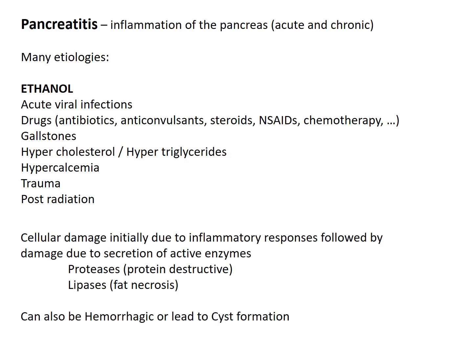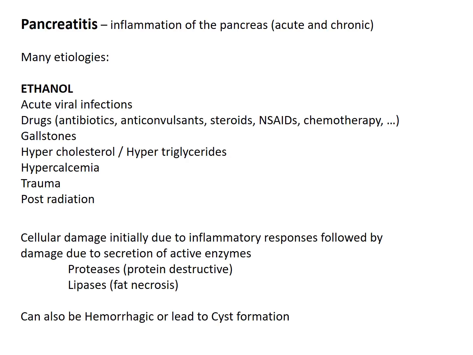Still talking about the pancreas, let's talk quickly about pancreatitis, or inflammation of the pancreas. This can be acute or chronic. There are many etiologies. One of the most common causes of acute and chronic pancreatitis is binge drinking ethanol. I'm sure you've seen a number of individuals develop acute pancreatitis.